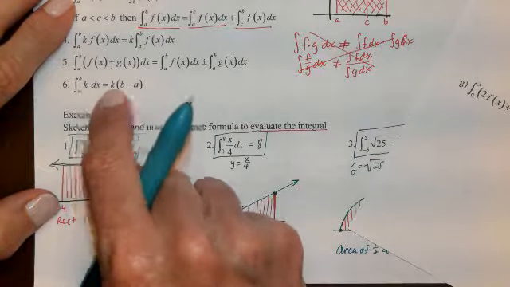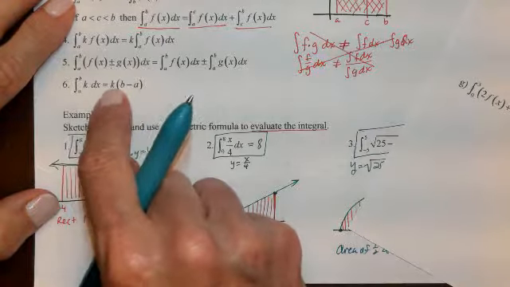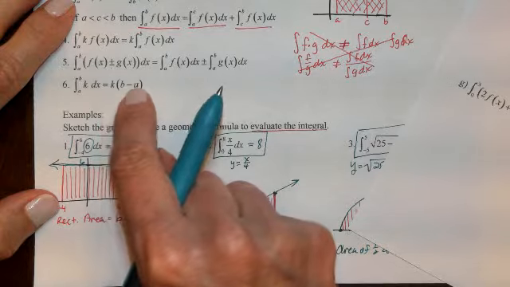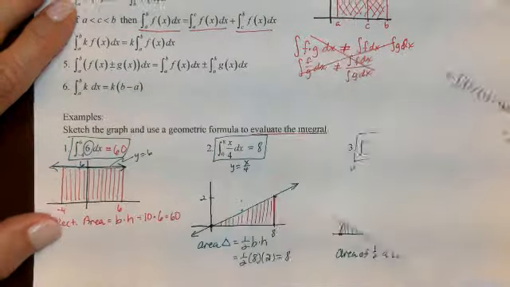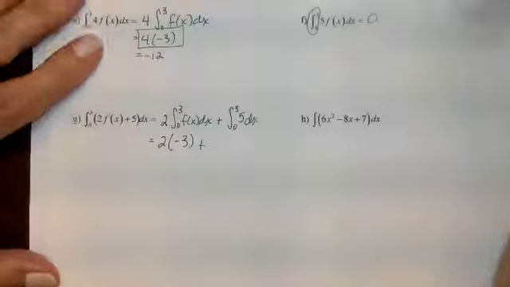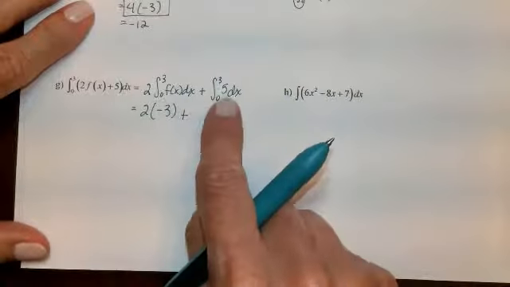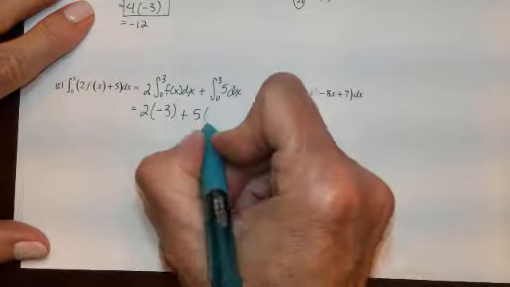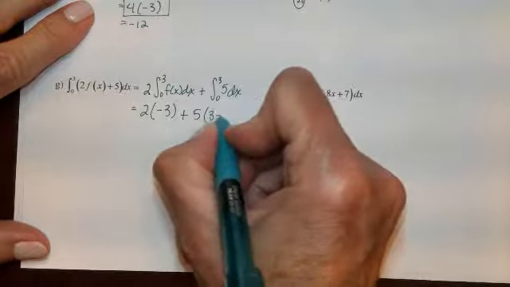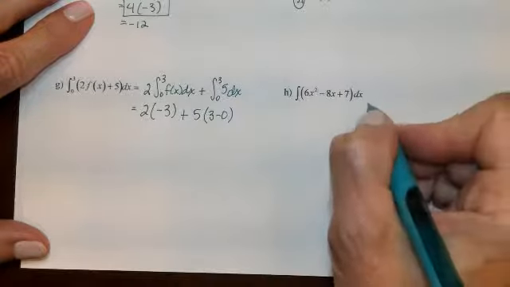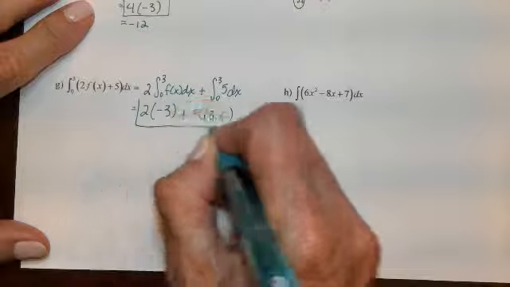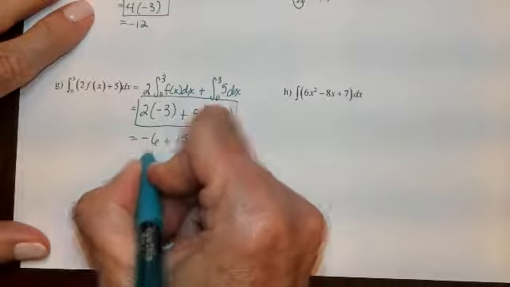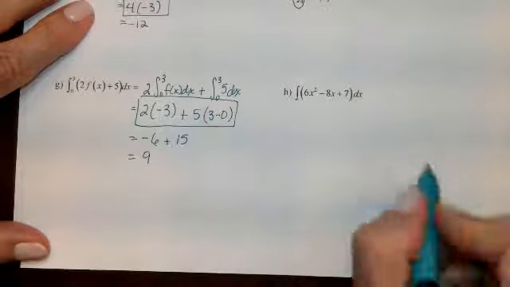That's this property as well. 6 times 6 minus a negative 4, right? So here, when you have this integral of 5 dx from 0 to 3, it's 5 times 3 minus 0, or just 3. That would be a safe stop spot. This is negative 6 plus 15, or 9. Okay?